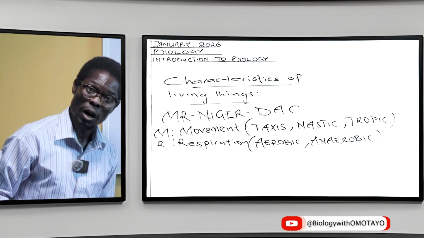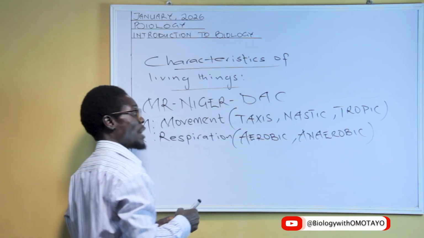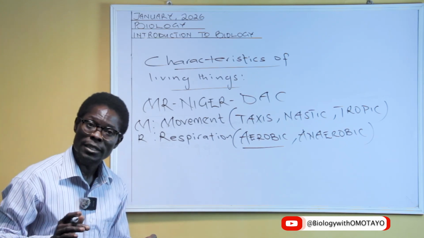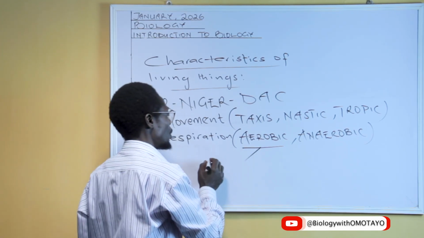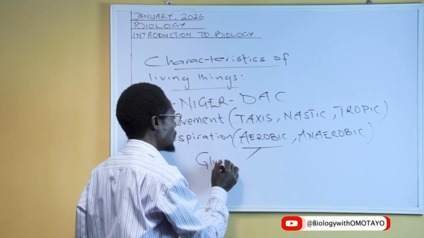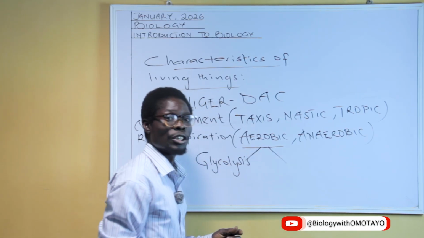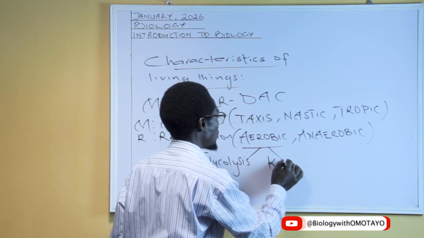And take note as well, aerobic respiration occurs in two stages. The first stage we call glycolysis, while the second is called the Krebs cycle.